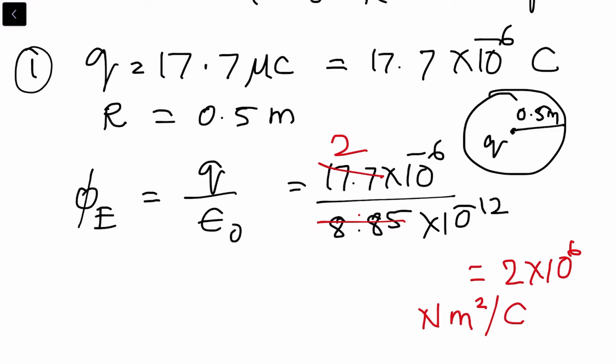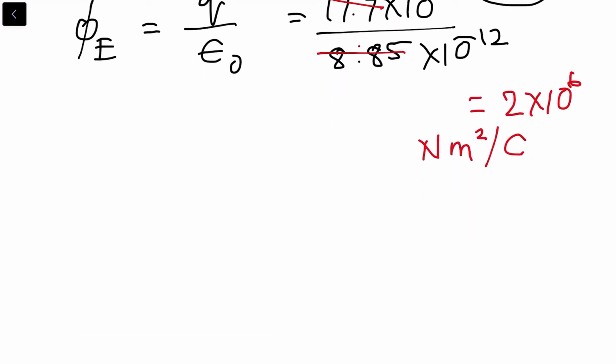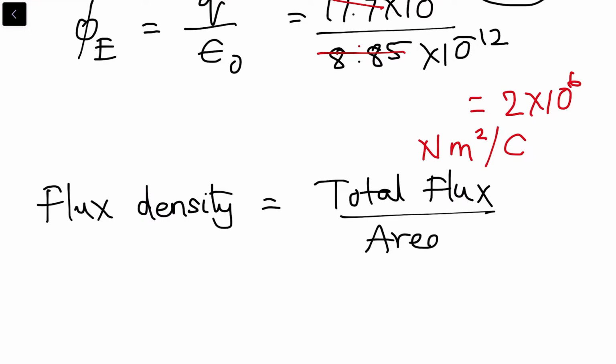Now they have asked for flux density. Flux density means total flux by total area. So flux density is equal to total flux divided by area. And the flux we calculated just now is 2 into 10 to the power of 6.